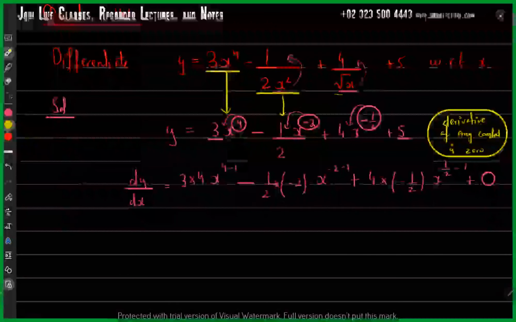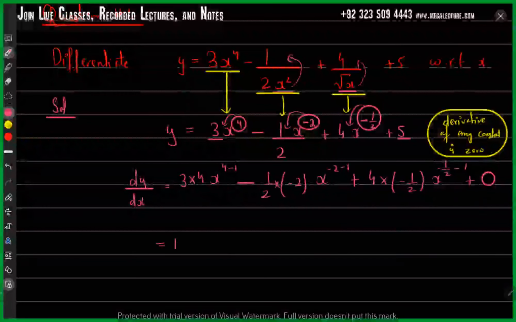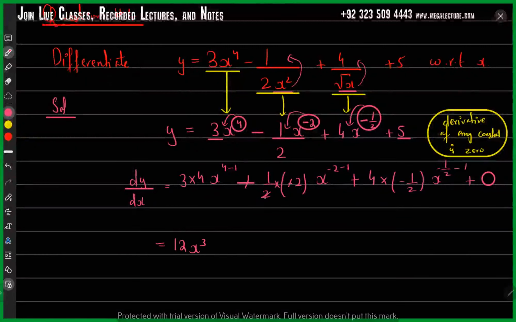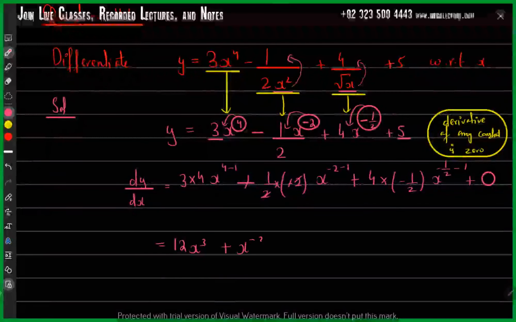This 4 came as it is. I have not done anything to these numbers. Okay, and then I've done my differentiation. So let me just simplify this further. This would become 12x cubed minus, and minus 2 and 2 would be cancelled. And this is going to give me positive x to the power negative 3.